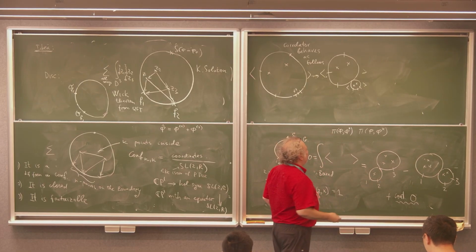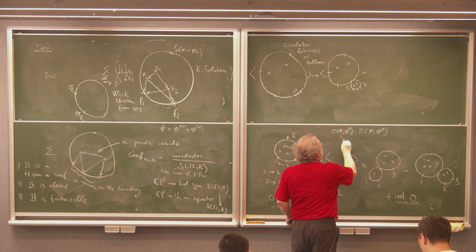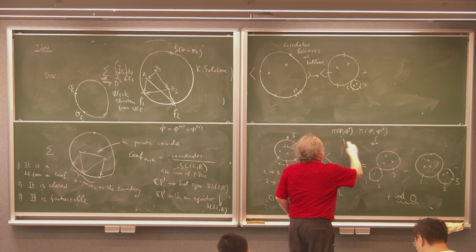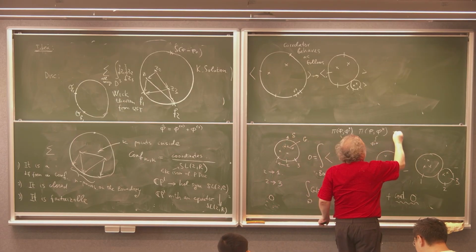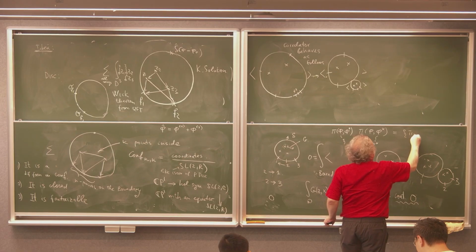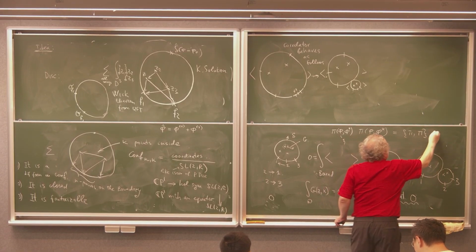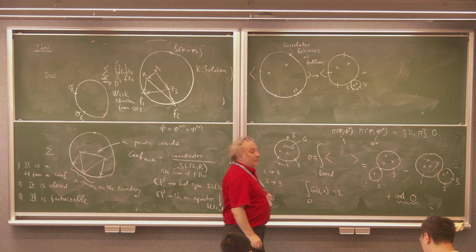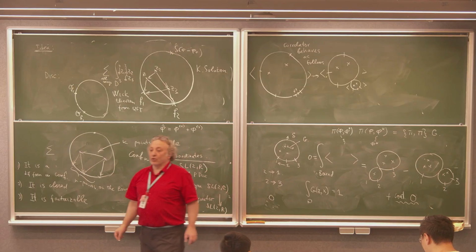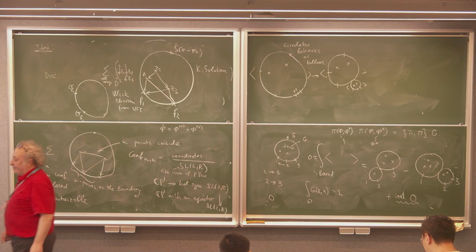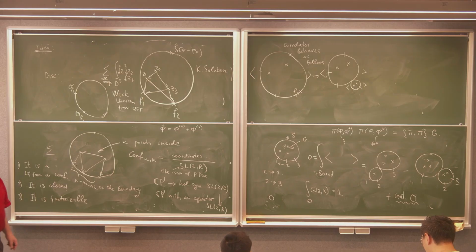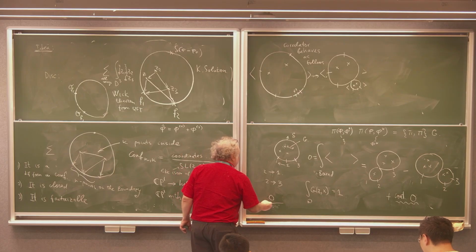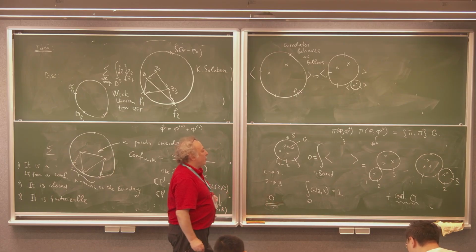So to get a Green function, we need to extract psi from here and phi star from here. But this extraction is exactly the bracket between phi and phi. Here we have this Green function. So in this way, the Poissonian condition comes as elimination of this boundary.